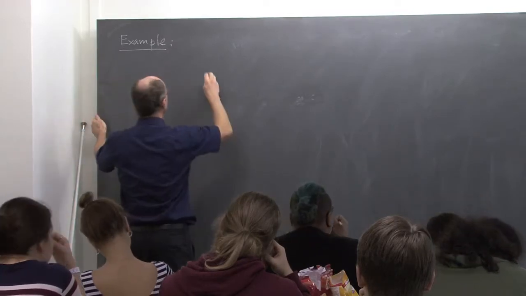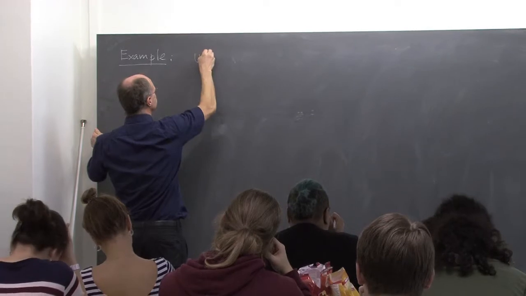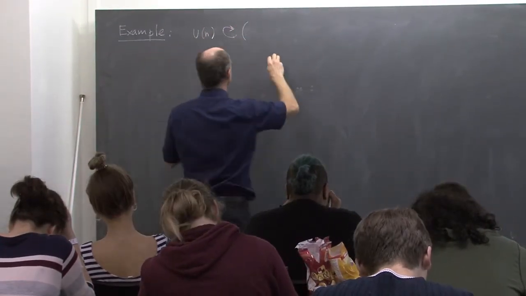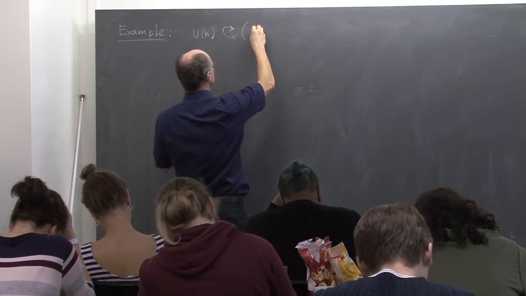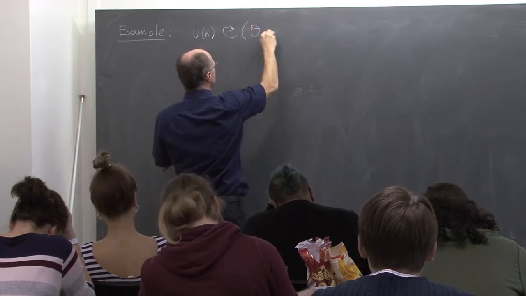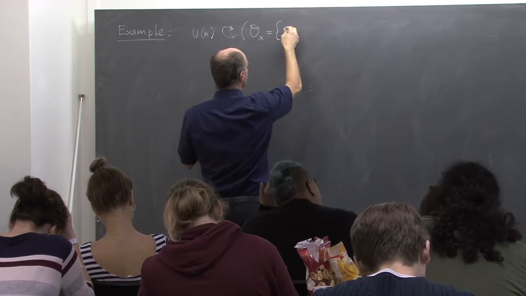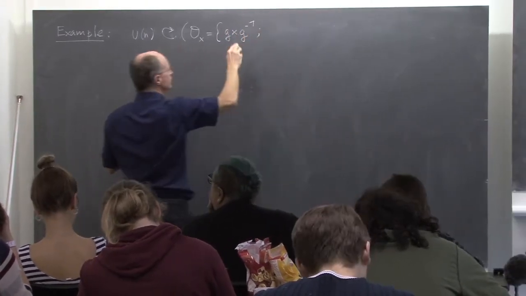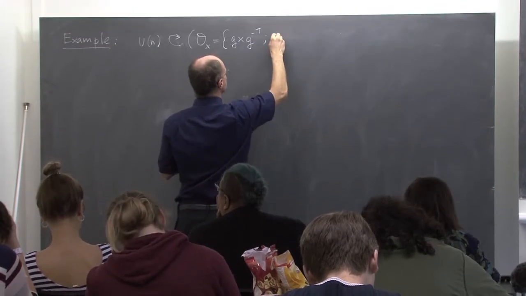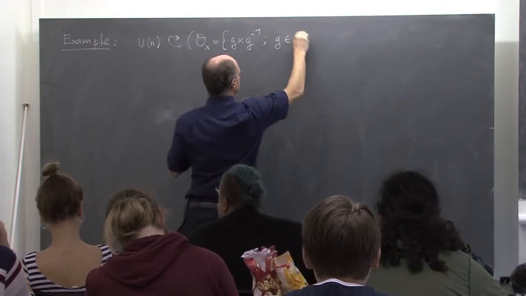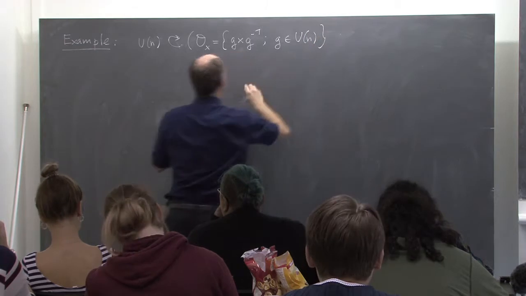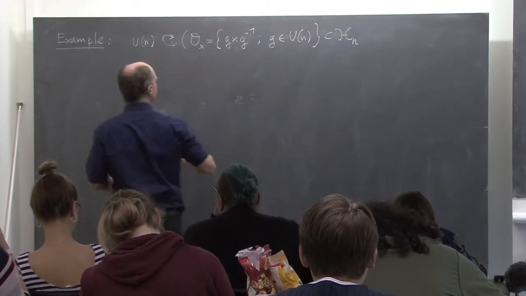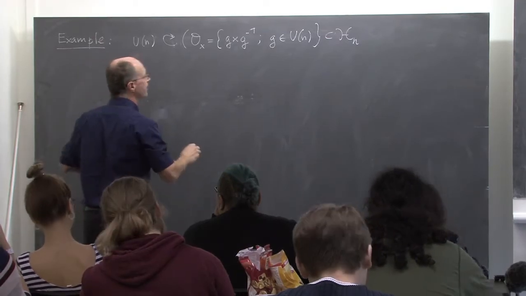In particular, we were looking at U(n) acting on coadjoint orbits which were identified with conjugation classes of Hermitian matrices, so that's inside the space of Hermitian matrices.